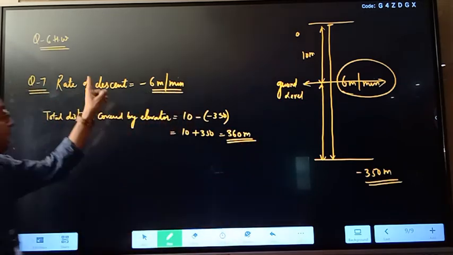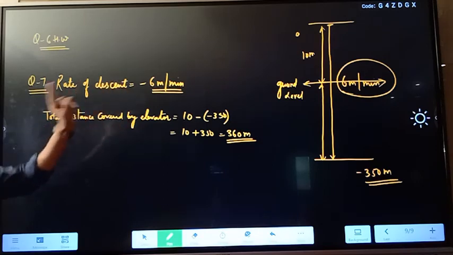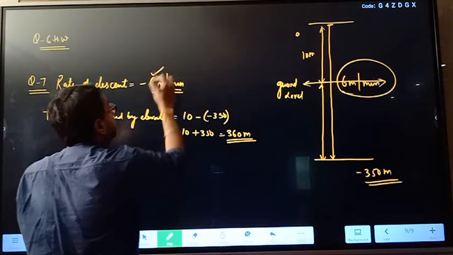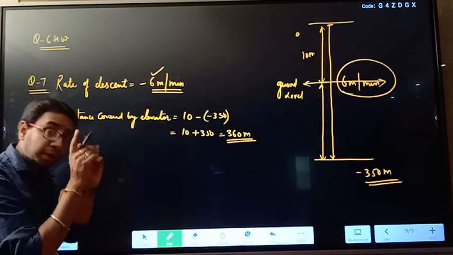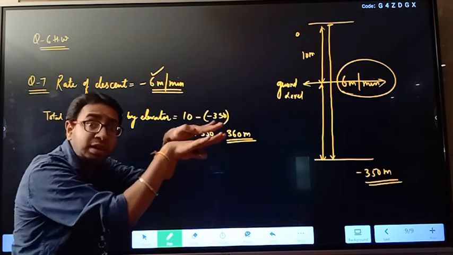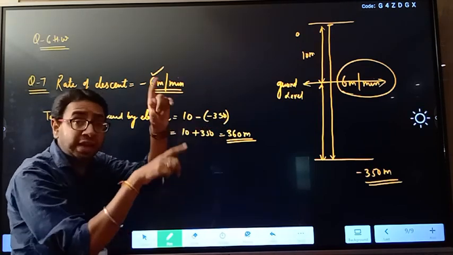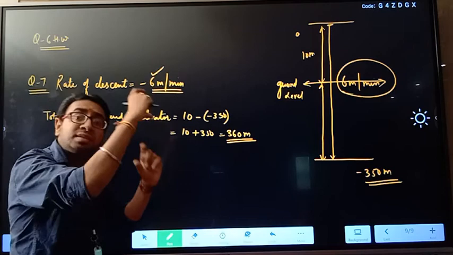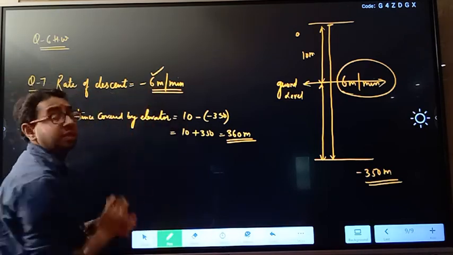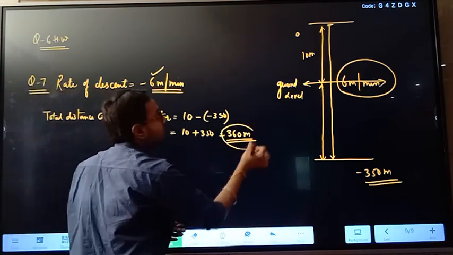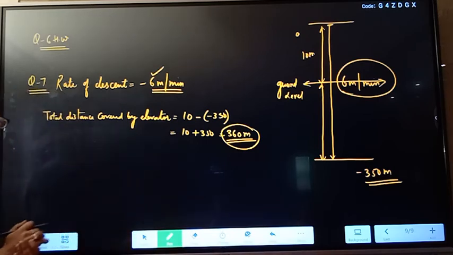Now, rate is given, it means per minute it descends by 6 meters. In 1 minute 6 meters of distance is covered by this elevator. So what will be the time taken to cover 360?